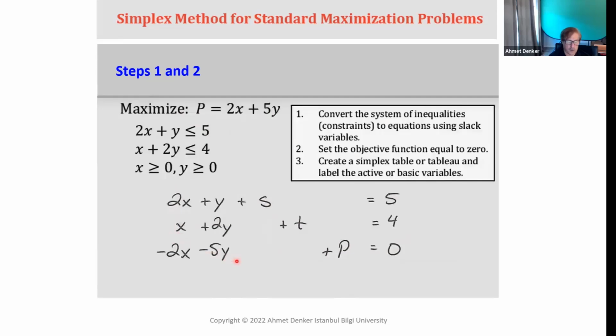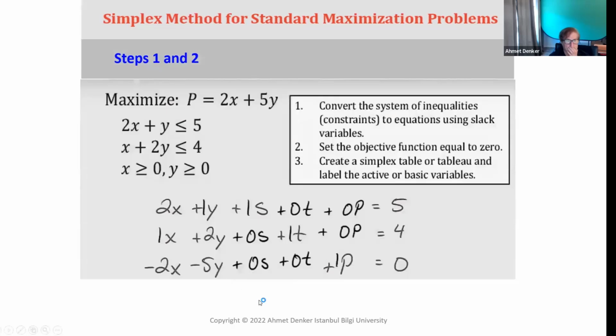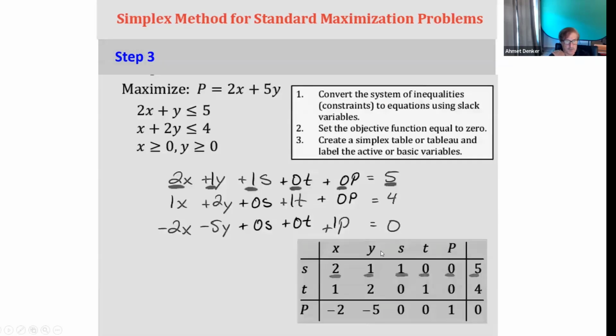So I put them all into a tableau. Now, these are my equations, which will go into the tableau. So this is my tableau. X, Y, which are the first two variables, and then the slack variables S, T, P. And in each row, I've got three rows now, I put the coefficients.